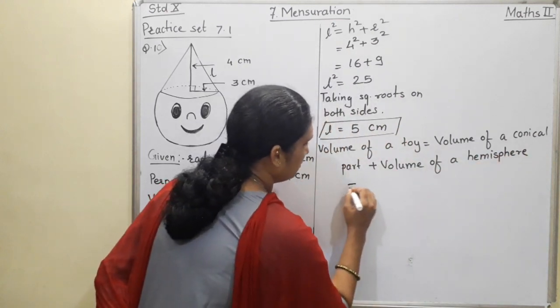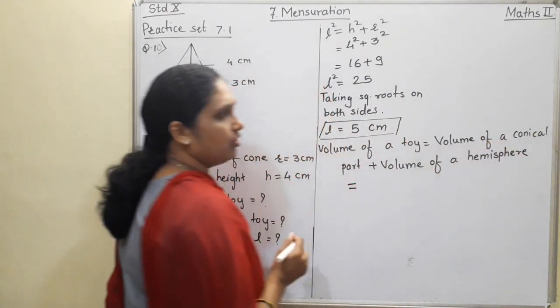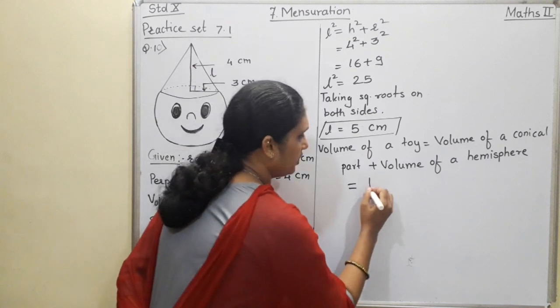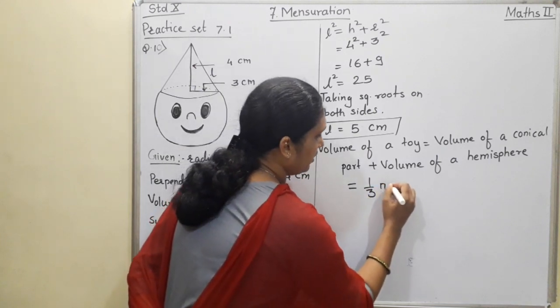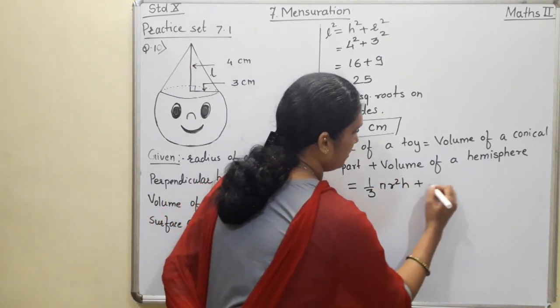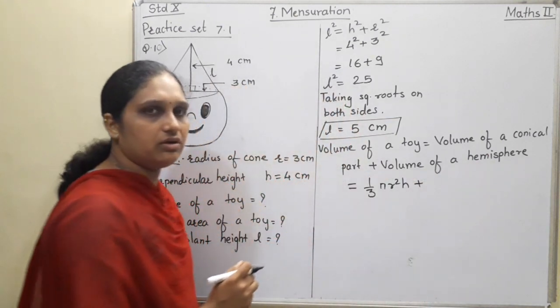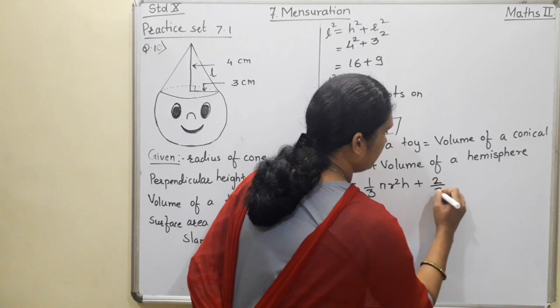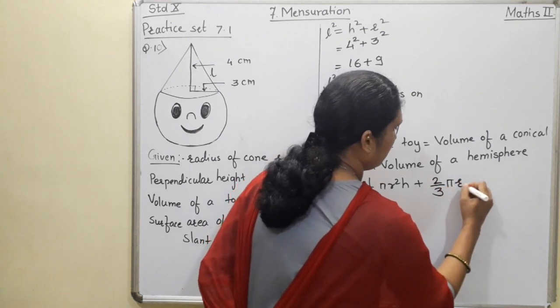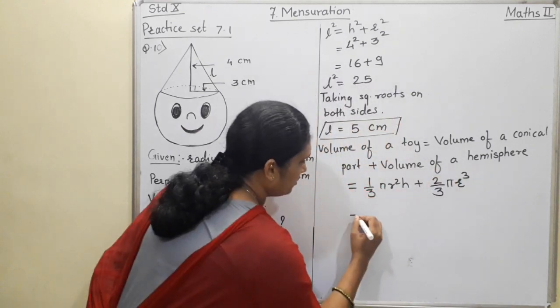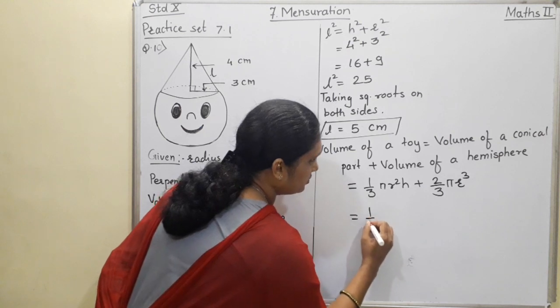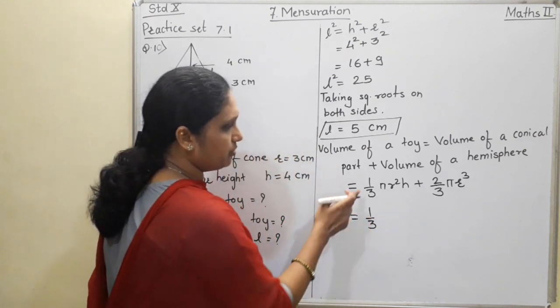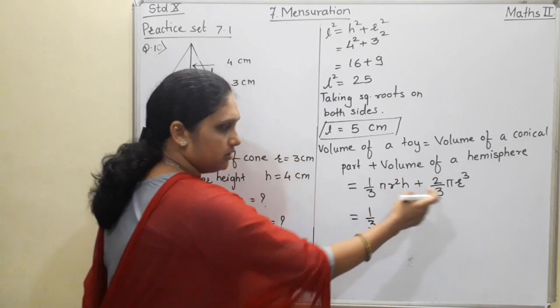Here I'll write the formula. Volume of a conical part, the formula is 1/3 pi r square h, plus volume of a hemisphere, as we have studied all these formulas previously, 4/3 pi r cube, that is 2/3 pi r cube. Now if you observe, 1/3 is common, pi is common, and r square is common.